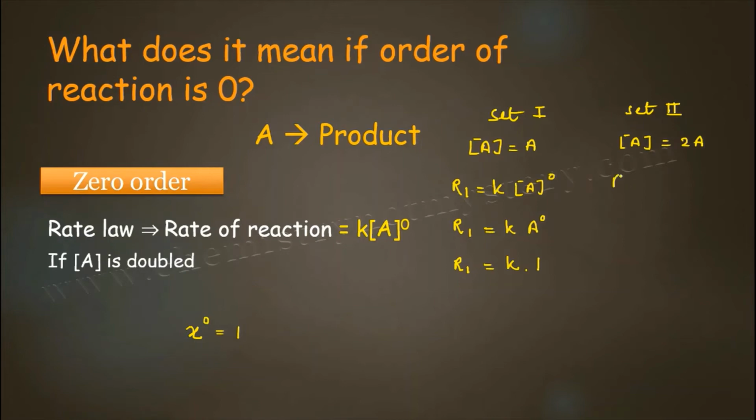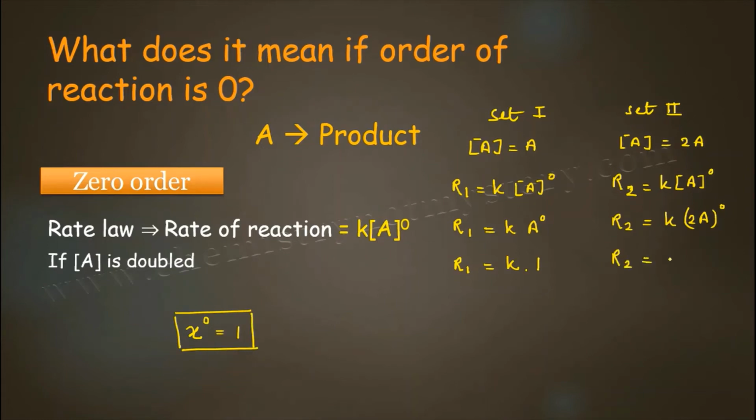Similarly, write the equation for set 2. So R2 is equal to K into reactant concentration raised to the power 0. Now place the value of reactant concentration in this equation. So you will get R2 is equal to K into 2A raised to the power 0. As we just have learned, if any number has 0 power, its value is 1.